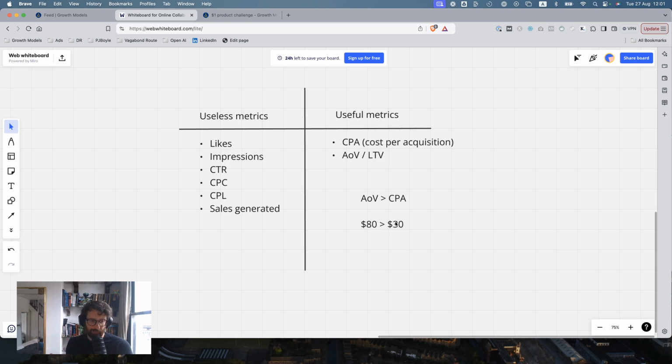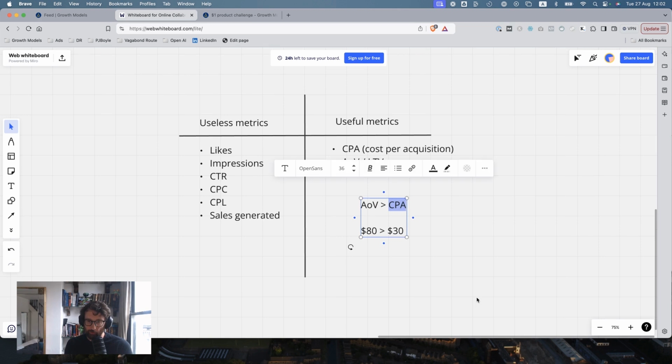I would look and I'd be like, what's the easiest thing for me to change? I can improve the average order value by adding a new bump offer or a new upsell. Or I can reduce the CPA by having better targeting in my ads. So it's about figuring out which one of these is the easiest to change, and then making it so that your average order value is greater than your CPA.